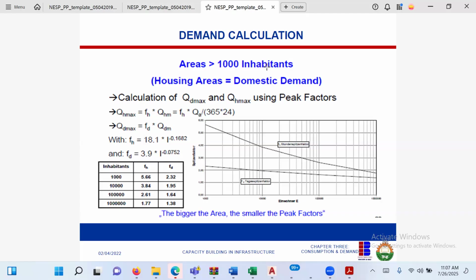That safety factor takes into consideration losses, population explosion, future development, forecasting. Because if you design a city for 1,000 persons in 2025, and that city grows to 10,000 persons in 2030, you're going to have a problem.